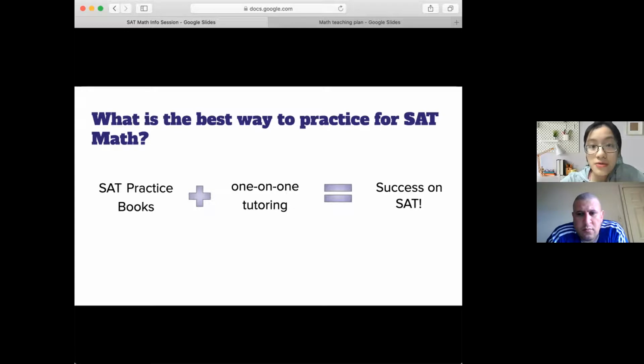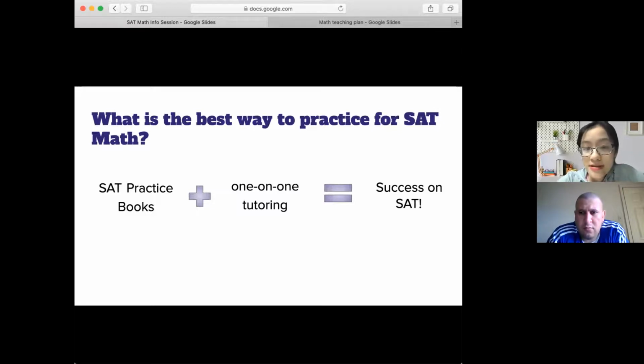For example, if you know that you're good at, for example, Heart of Algebra, but you're not good on something else like Passport to Advanced Math, then I, as a tutor, can help you hone your Passport to Advanced Math skills. So one-on-one tutoring makes sure that you can specifically address the needs that are for yourself.